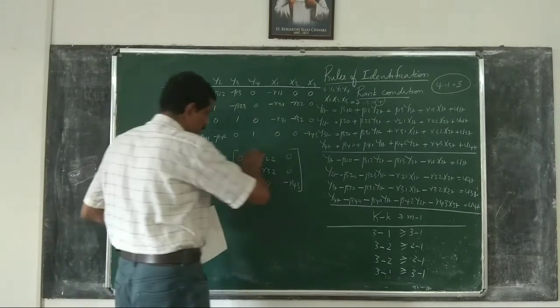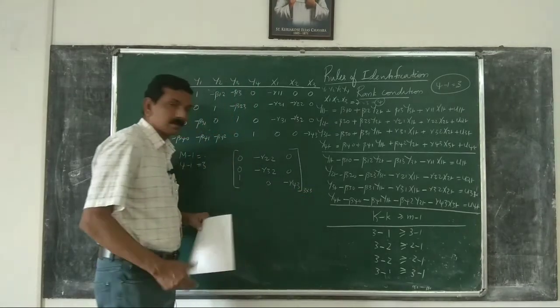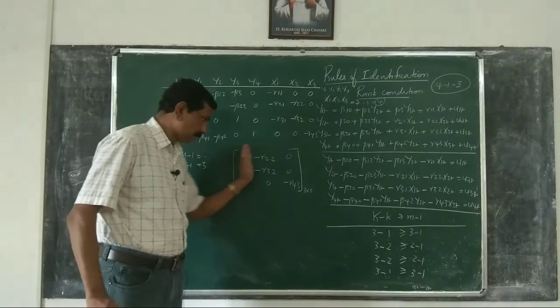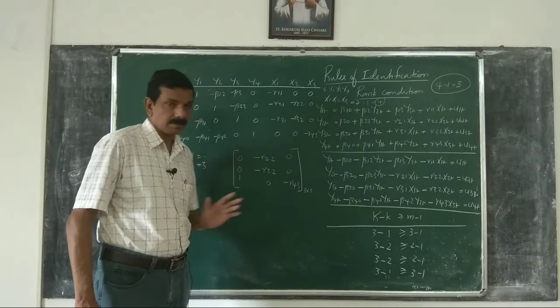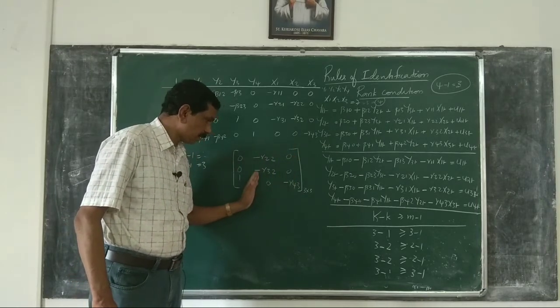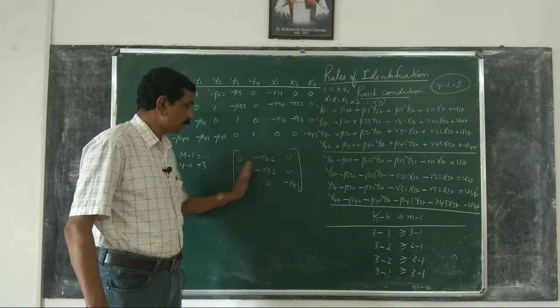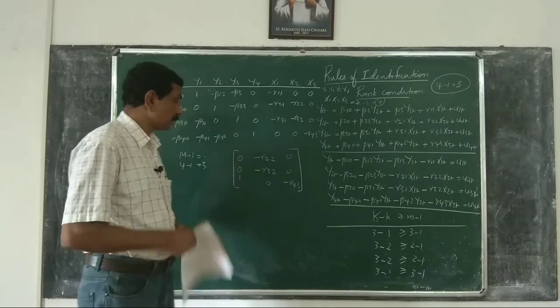So this is a 3 by 3 matrix, and the rank of this matrix can be 3. We can evaluate the rank using determinants. As it is a 3 by 3 matrix, you just evaluate whether the determinant is 0 or not.